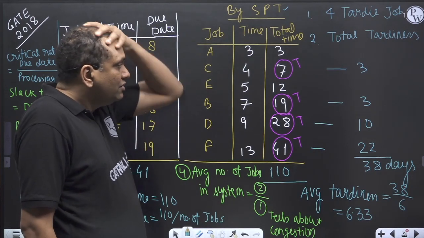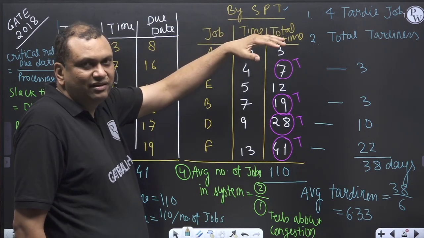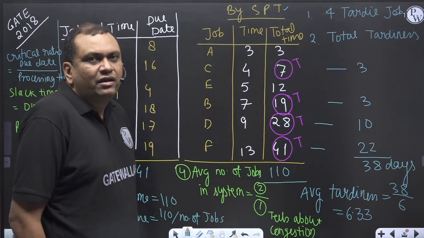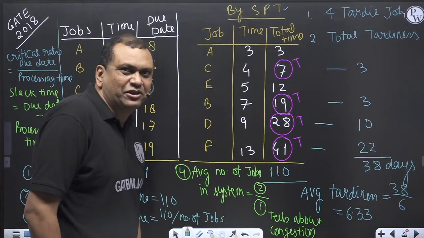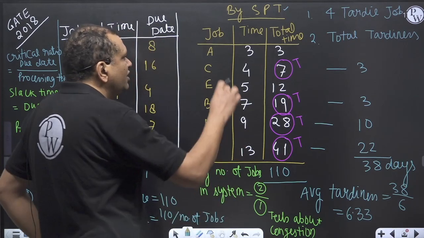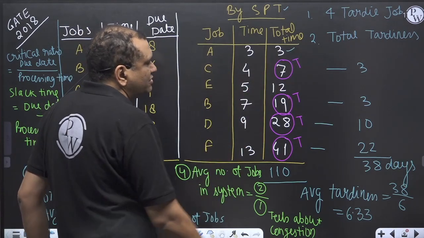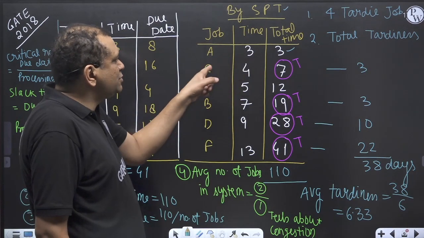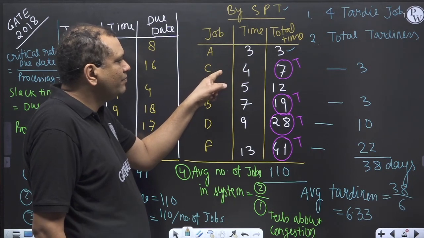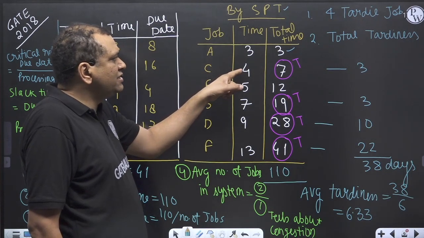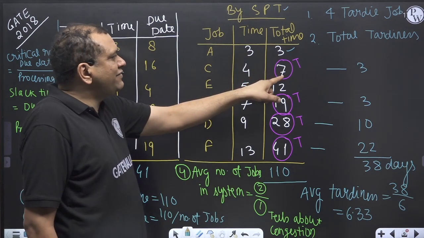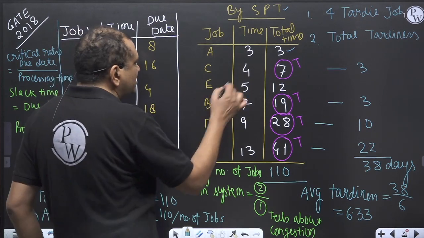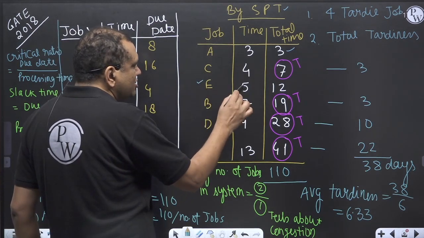So now I will make a table of how much time it takes for each batch to be dispatched. A, after 3 days it will be out. After 3 days, product C will come into the system, and C consumes 4 days. So 3 plus 4, after 7 days, C will be dispatched. After C, E will come into the system. E consumes 5 days.